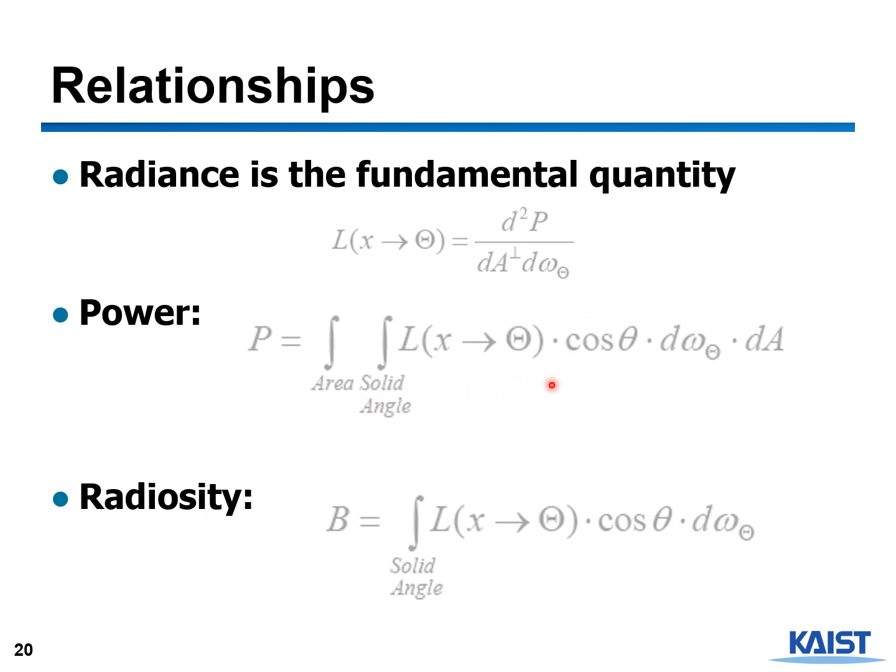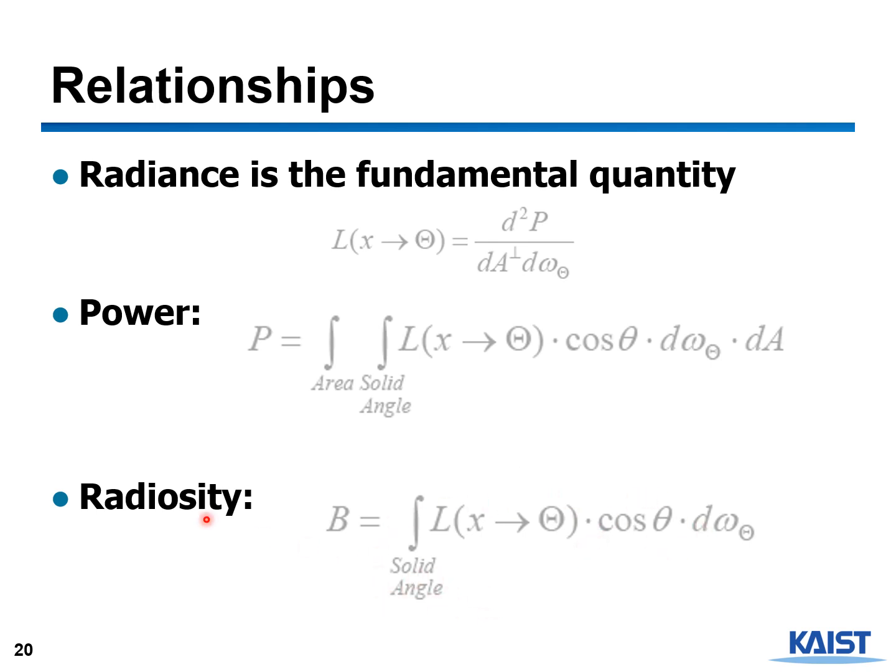But the surface may not be orthogonal to the direction, which is why we also have the cosine theta term that I talked about before, to convert the radiance value measured on the orthogonal area to the oblique area. And radiosity is the radiance value adjusted by cosine theta, integrated over the solid angle.